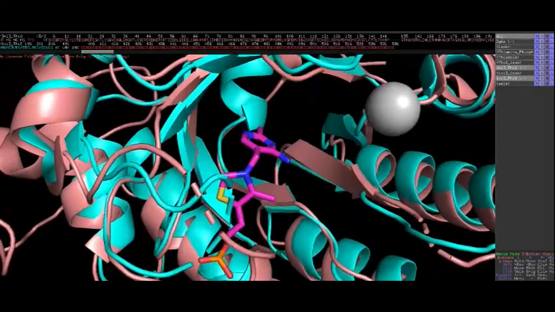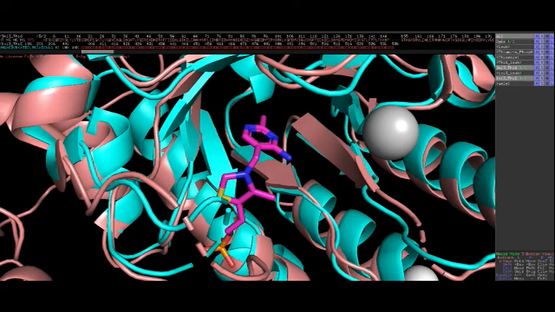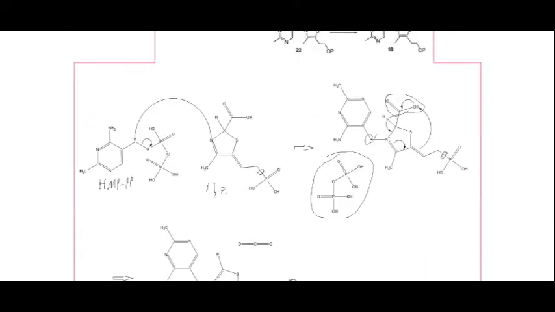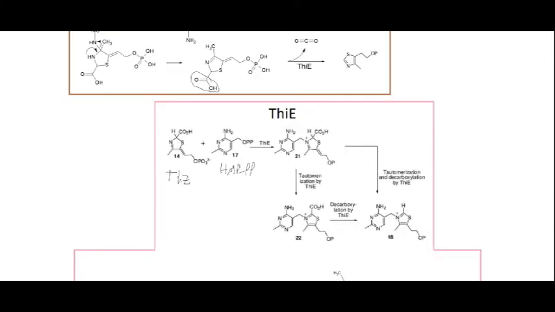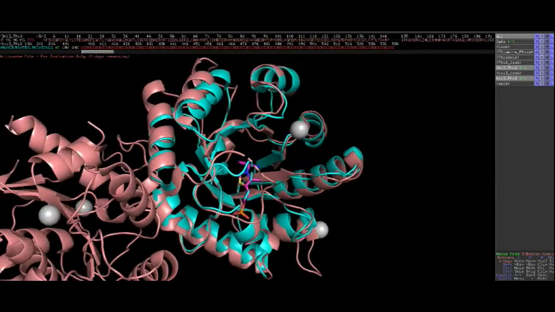So that would be the product of this reaction. Excuse me. The THIE is doing a lot of work here. It's doing both the bringing together of the thiazole ring and the HMP pyrophosphate, while also doing that decarboxylation. So the THIE is doing both of those reactions.